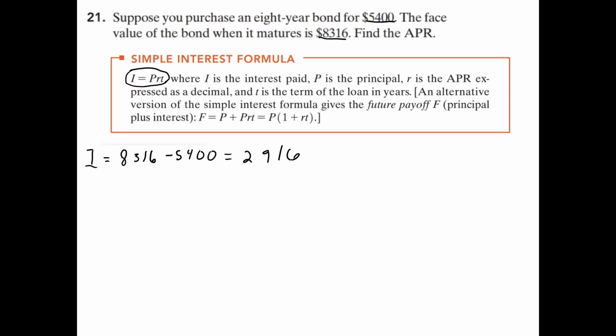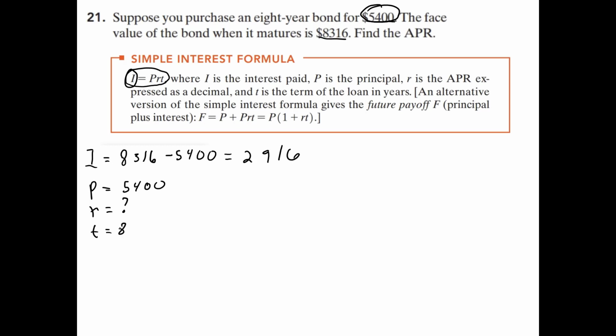And so now we know the interest in this formula. The principal, well, we know that we originally bought this thing for $5,400. The rate, we don't know. But we do know that it's going to be for a time of 8 years.